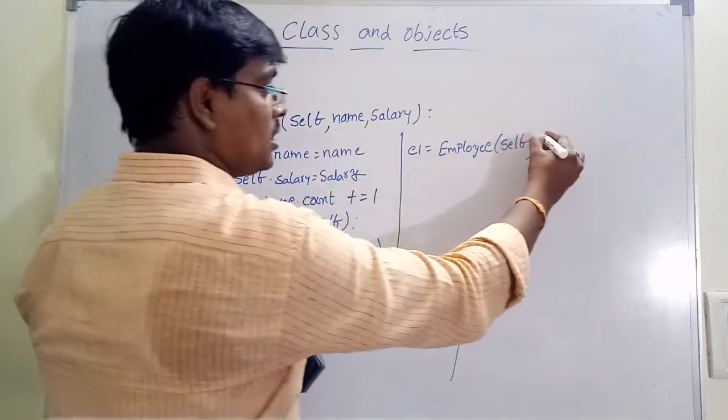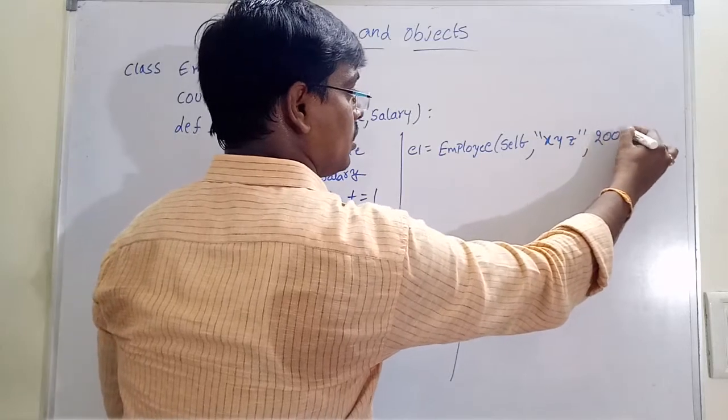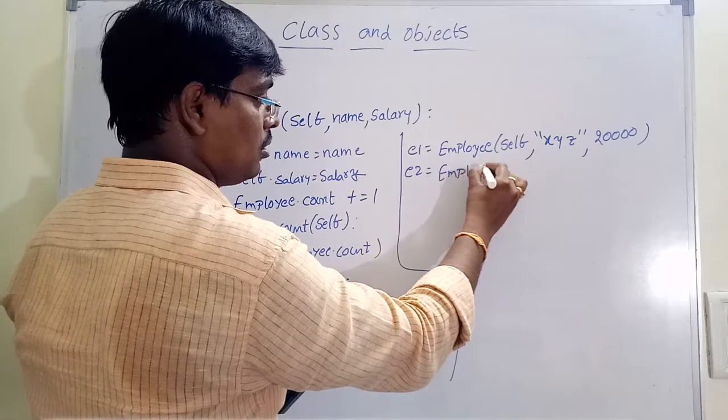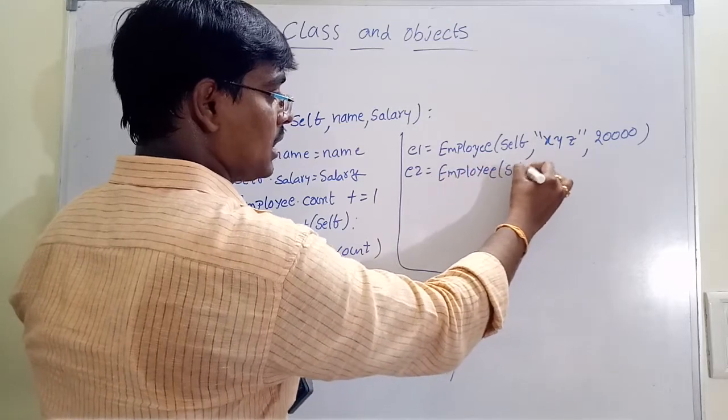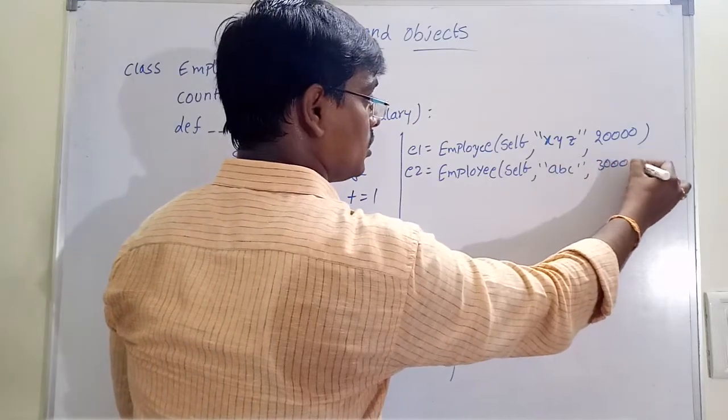The name is equal to XYZ, salary is equal to 20,000. E2 is equal to Employee(ABC, 30,000).